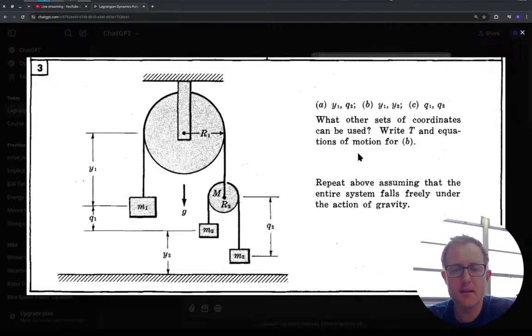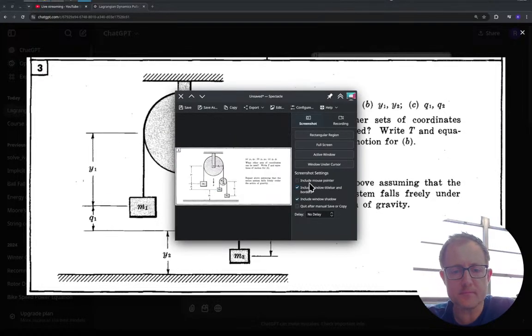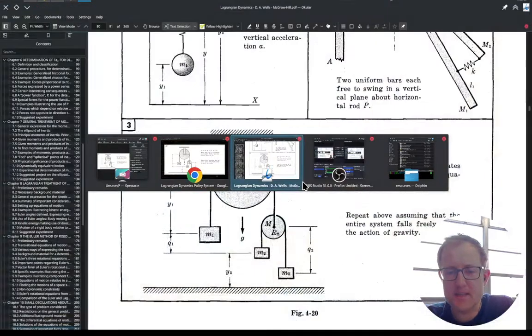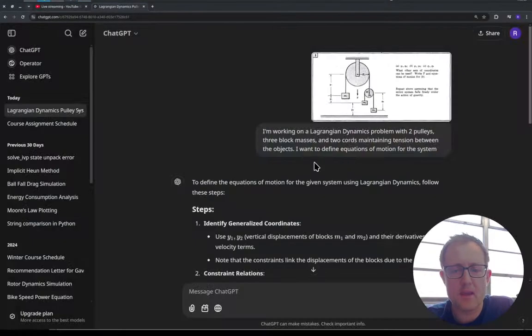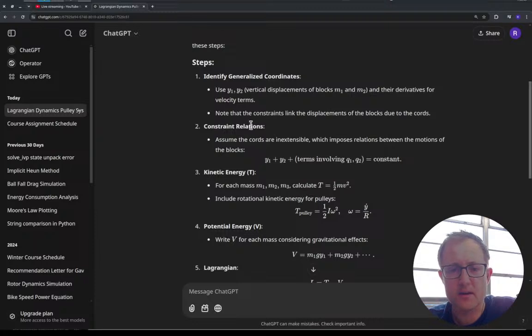So this is what the problem says: we are trying to define equations of motion from y1, the distance to m1, and q1, and then y2, also talking about this second mass, versus q1, the distance from m1 to m2, and then q2, which is this distance here. And what I'm interested to see is, will we be able to figure out what the constraints are?